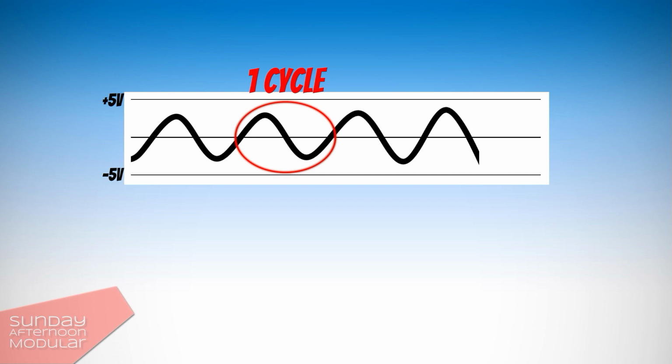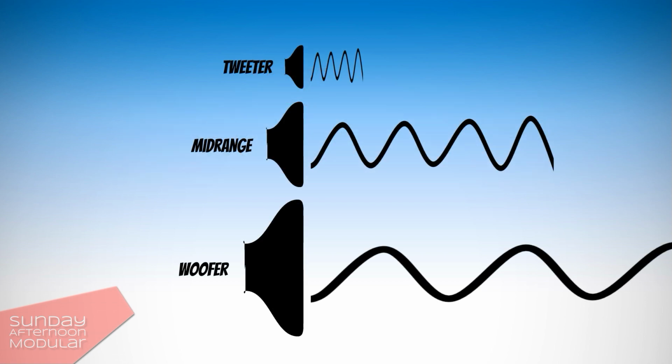So for 20,000 Hz or 20 kHz, this would mean 20,000 cycles a second. This is why we have speakers for bass and tweeters for the high tones, and sometimes even mid-range speakers. A speaker for bass would never be able to cycle 20,000 times a second.